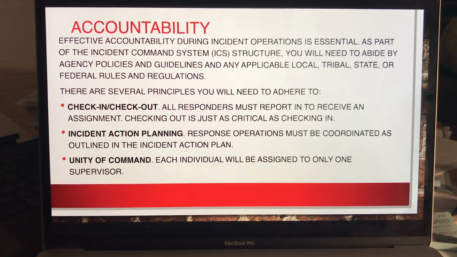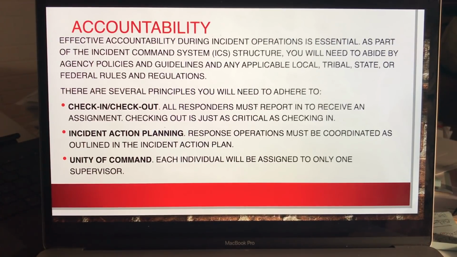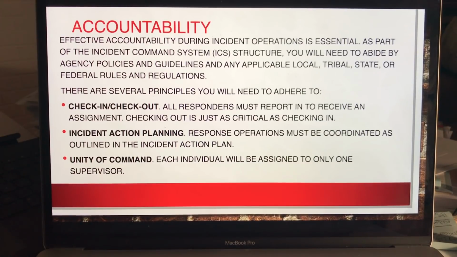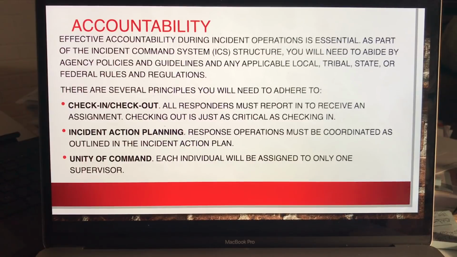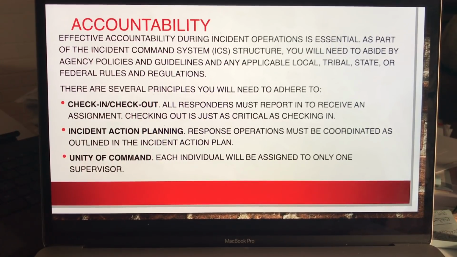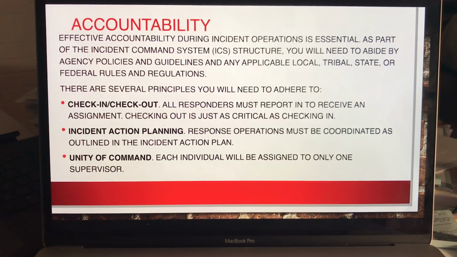You have to check in and check out. All responders must report in to receive an assignment, and check out is just as critical as checking in. Incident action planning. Response operations must be coordinated as outlined in the incident action plan. Unity of command. Each individual will be assigned to only one supervisor.